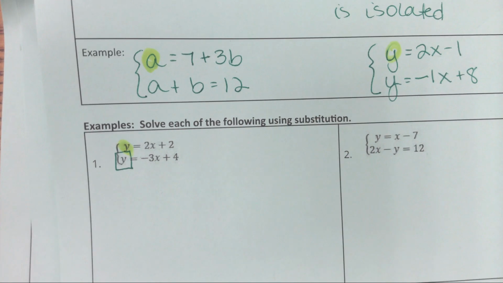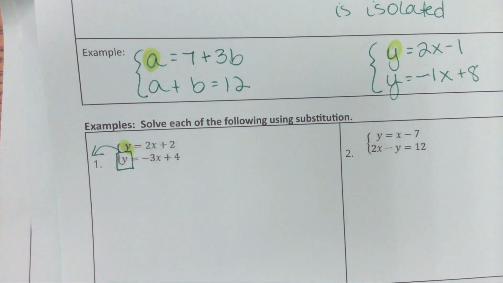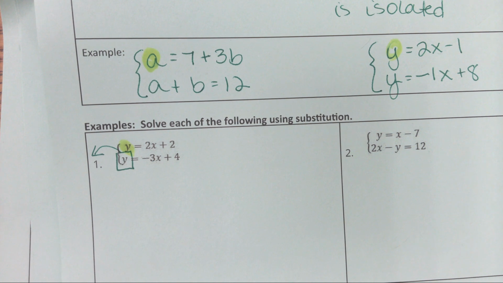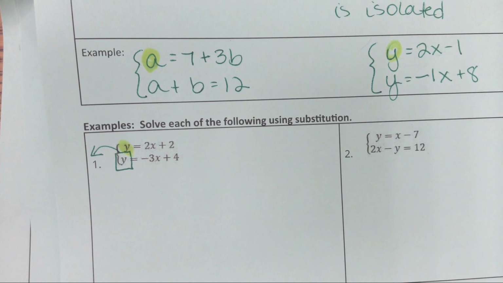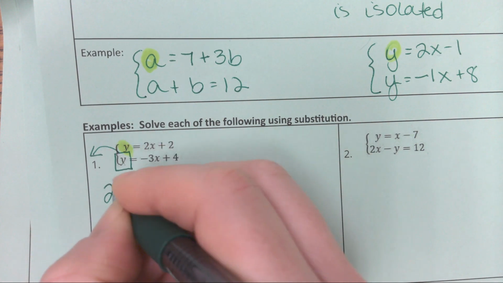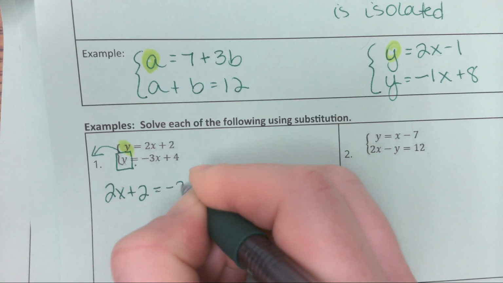We're going to take it out. In its place, we're going to put what y is equal to in that spot. What is y equal to? 2x plus 2, right? So I'm going to write, in the place of y, 2x plus 2, and I'm going to say equals negative 3x plus 4.